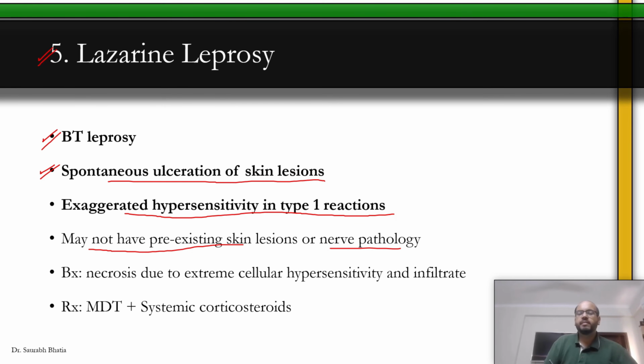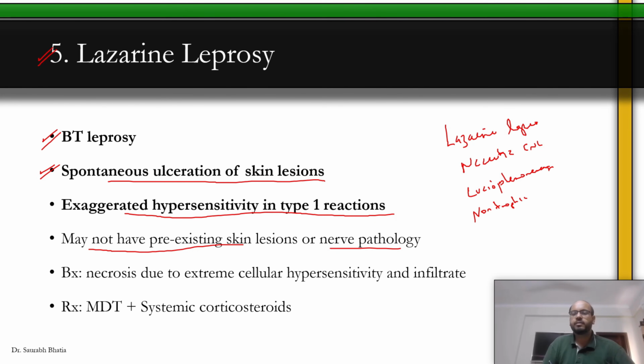If the patient presents with extensive ulceration and necrosis, few things come to mind. So you have Lazarine leprosy, you have necrotic ENL, and then you have Lucio phenomena. In all these, you can have ulcerations, or you can have non-trophic ulcers of leprosy, which we'll discuss in a few slides afterwards.